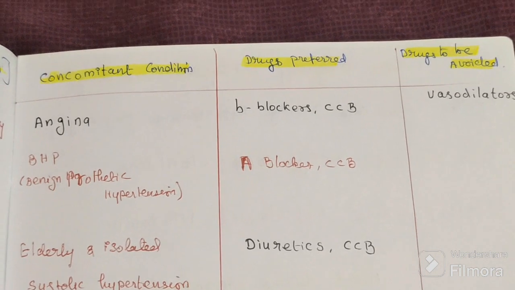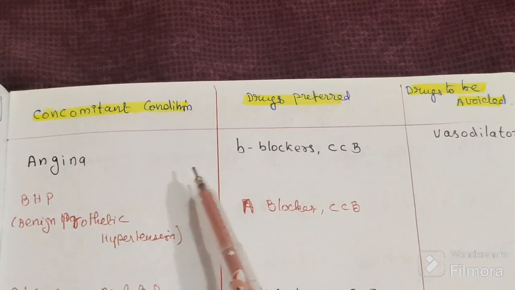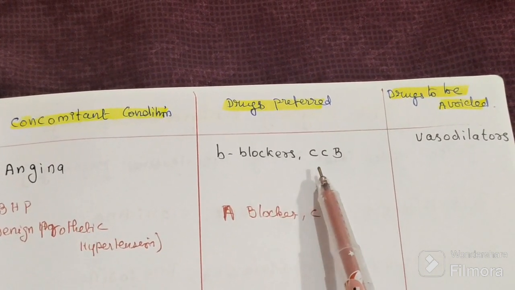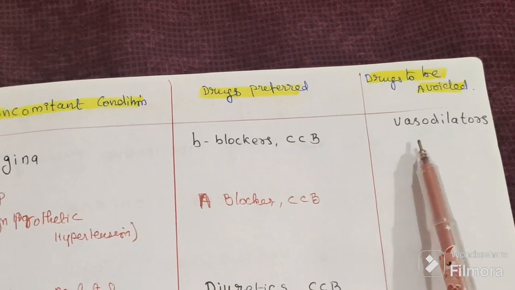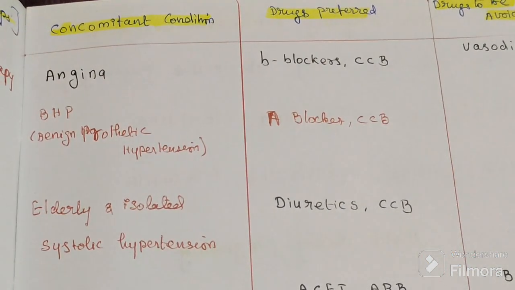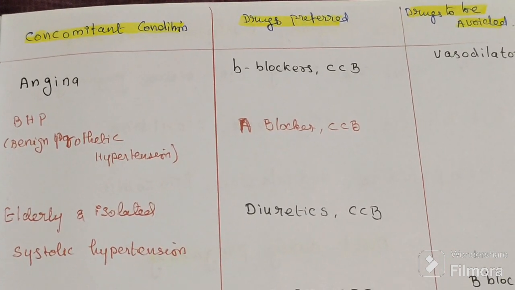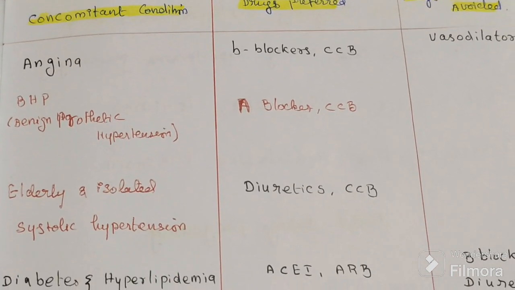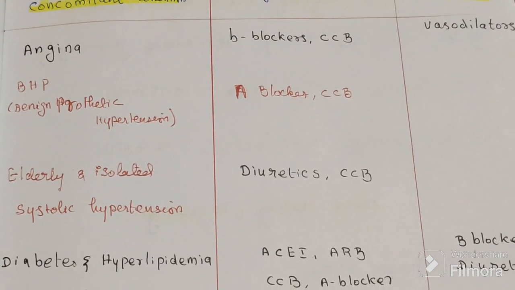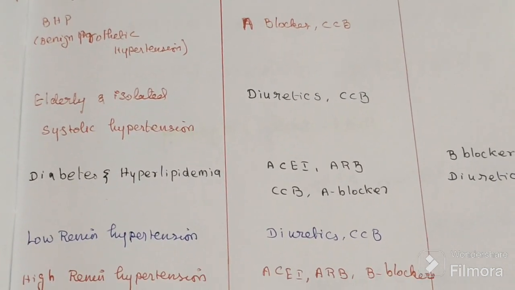For example, an angina patient is given beta blockers and calcium channel blockers, and vasodilators are not recommended. In benign prostatic hypertrophy, the drugs of choice are alpha blockers and CCB. In isolated systolic hypertension, diuretics and calcium channel blockers.